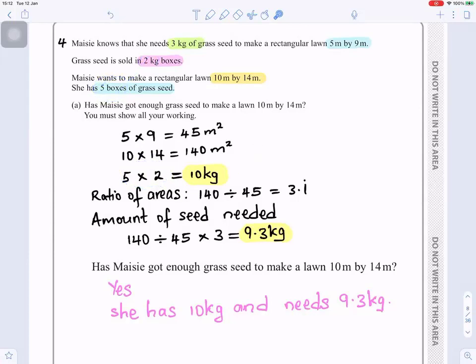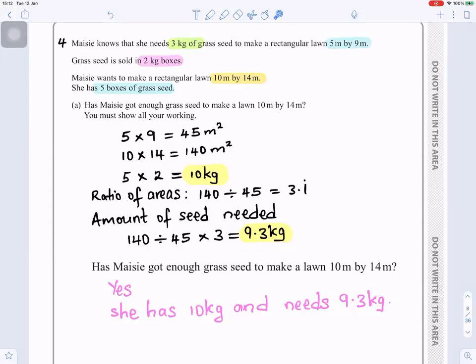So we want the ratio of areas. So 140 divided by 45 gives you 3.1 recurring. So the amount of seed needed, 140 divided by 45 times 3, gives you 9.3 kilograms.